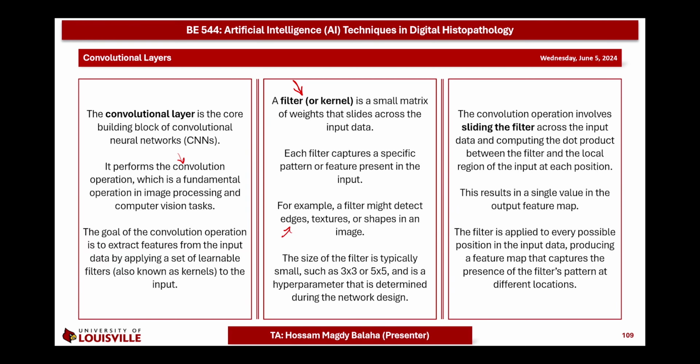There are common filter sizes such as 3x3 or 5x5, and you can also include that size as a hyperparameter to be tuned. That filter or kernel with that small size slides using the convolution operation.